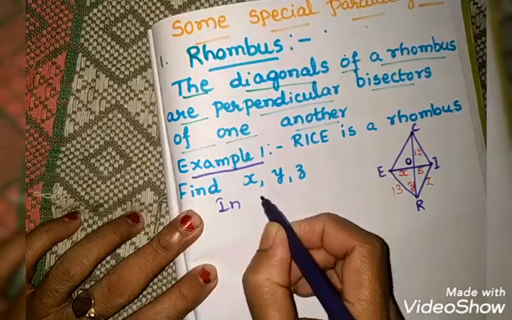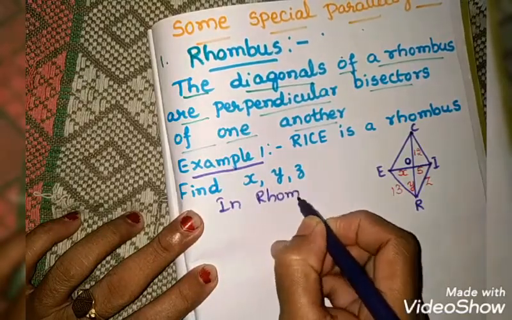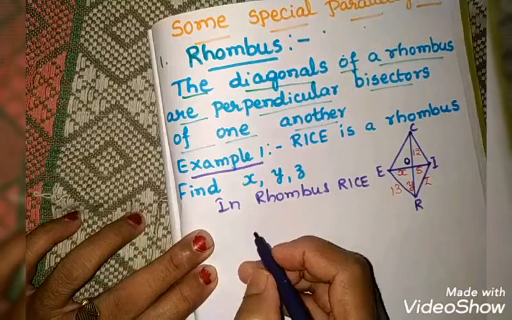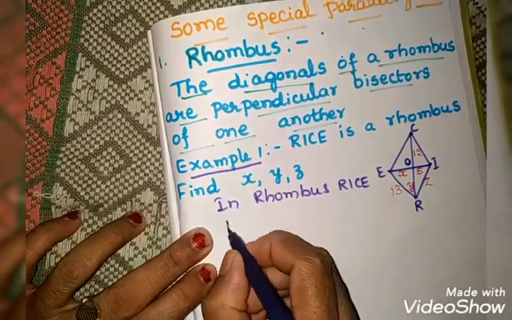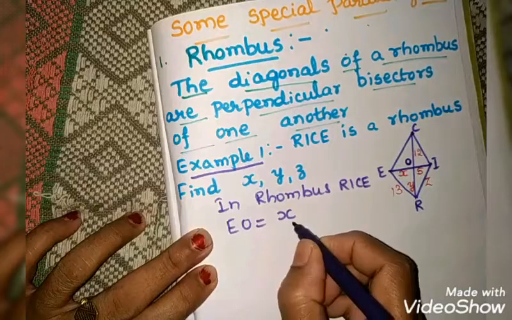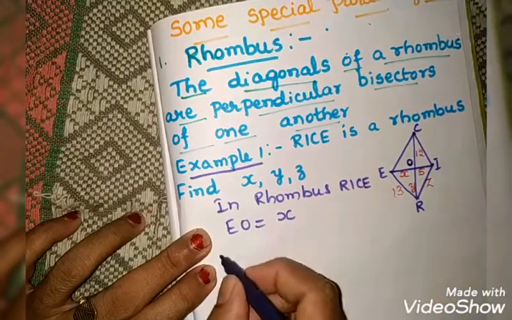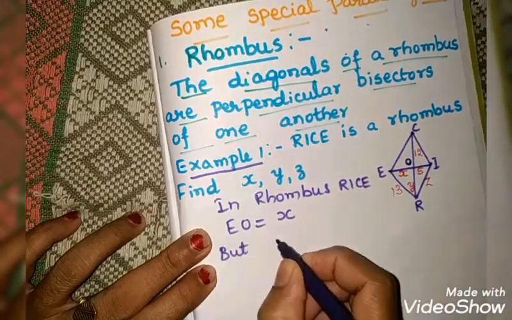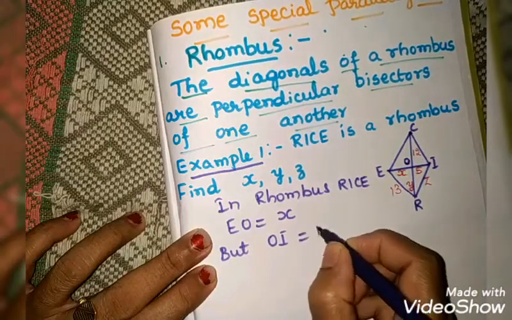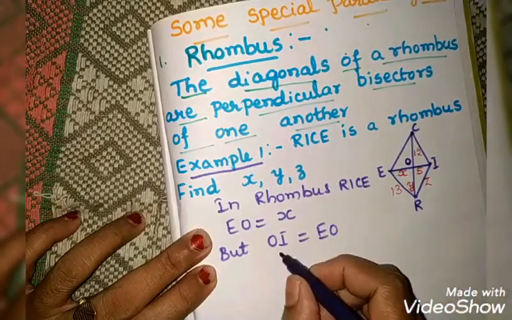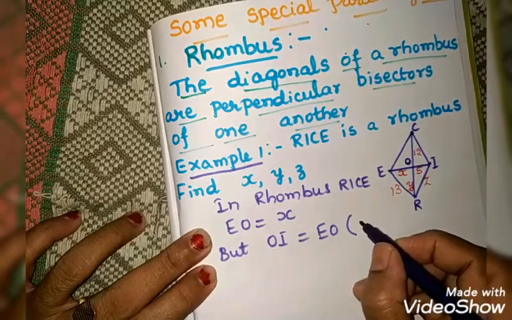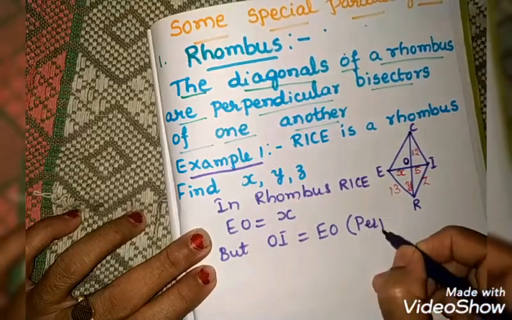In a rhombus RICE, EO is equal to X, children. Correct? They gave. We have to find out EO is equal to X. But we know that OI is equal to EO, right? OI is equal to EO because they are perpendicular bisectors.